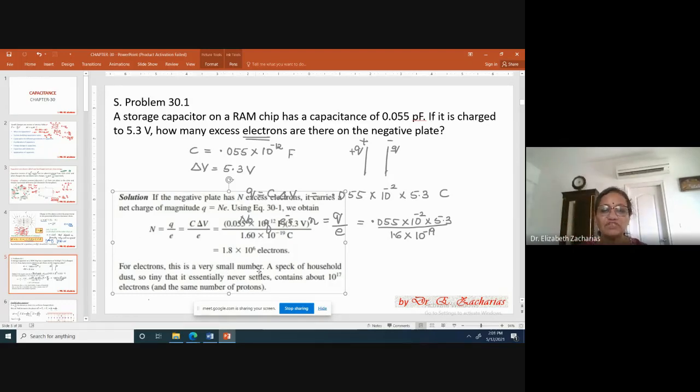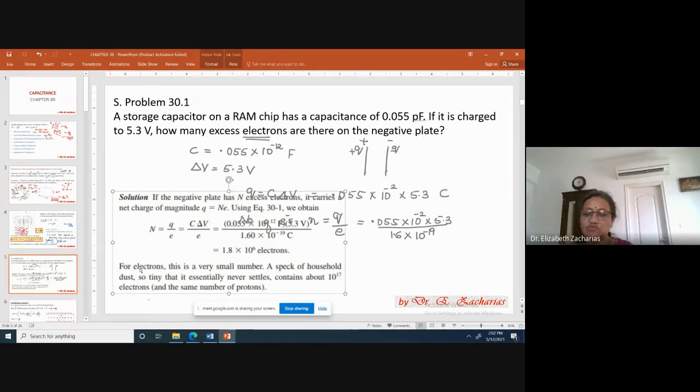So this is a very small number. A speck of household dust, like what you see when you open the window, you will find this dust particle in the sun. It's so small, it will not settle at all. It will be floating in the air. That will contain 10 to the power of 17 electrons. The author is writing it just for you to have a feel.